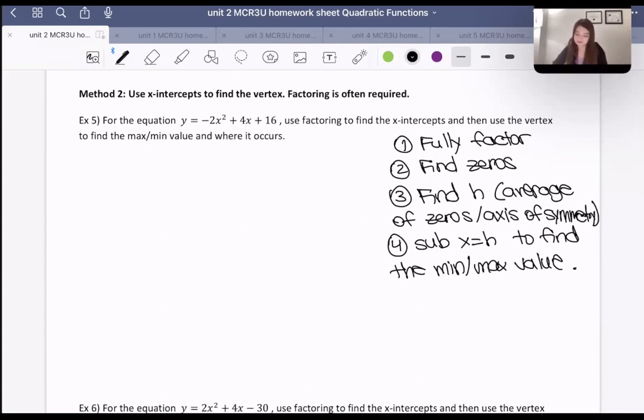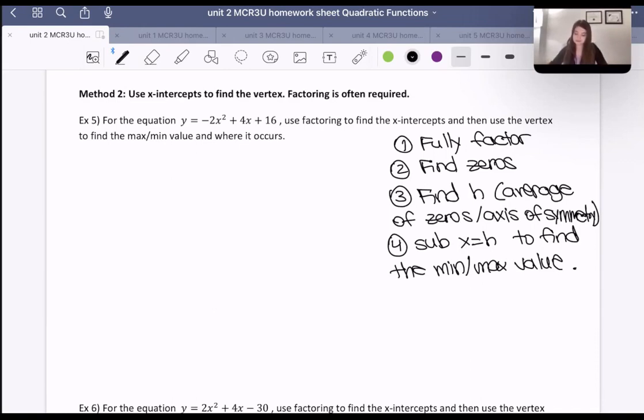So this one works because whenever we have two zeros, or really any two points that are equidistant on our quadratic, we're able to take that information, find the average of those x values, and that gives us our axis of symmetry. And the zeros are no exception. If we find that, we find the x coordinate of the vertex, and then from there we can easily find the y coordinate of the vertex moving forward. So that's pretty straightforward, which is really nice.